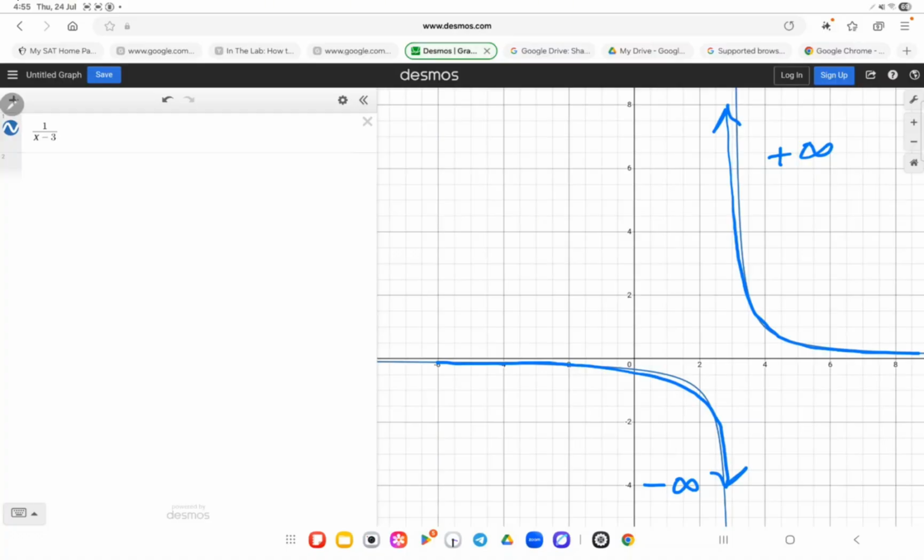Okay? So left-hand side and right-hand side are not the same as each other. We say the limit does not exist, because the left-hand limit is not the same as the right-hand limit.